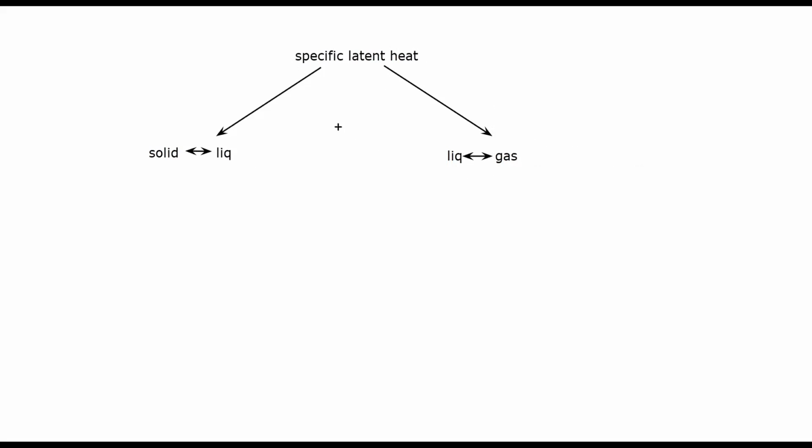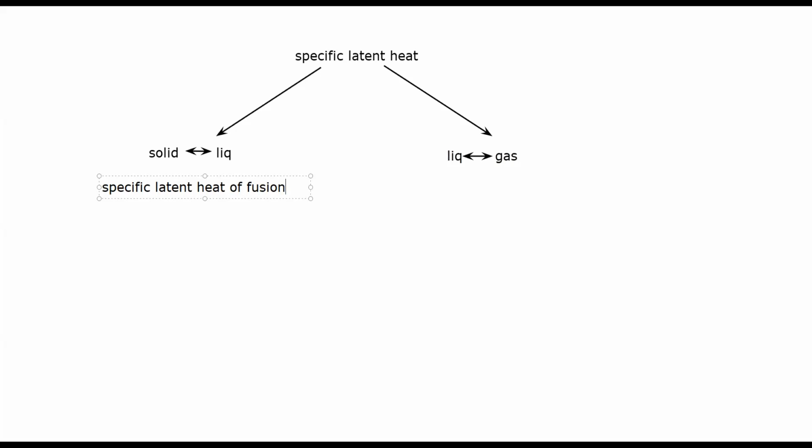So if there's a change in state from solid to liquid or liquid to solid, that specific heat is known as specific latent heat of fusion. If a solid changes to liquid or a liquid changes to solid, we call that specific latent heat of fusion.